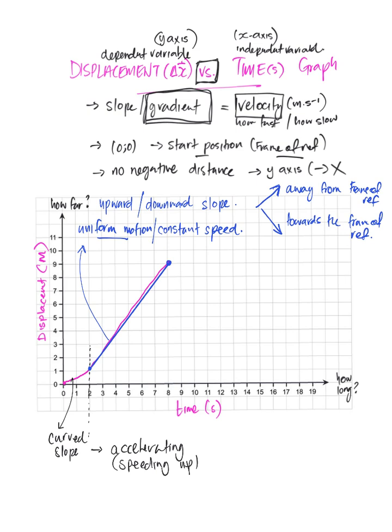If my slope is going away from this 0.00, which remember is where you start, then I'm moving away from my house. I went from 2 seconds here to about 8 seconds here, and in this area, I went away from my house.